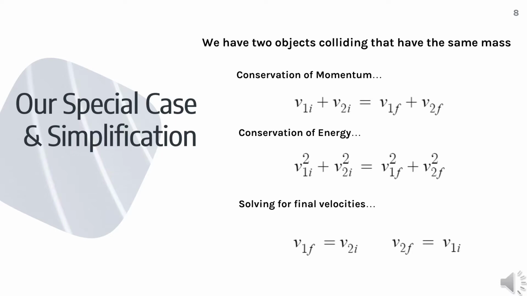That means that we can remove the mass quantity from our conservation of momentum equation. We can also remove the half times mass quantity for our conservation of kinetic energy equation. So, when we solve for the final velocities, we find that the final velocity of the first object equals the initial velocity of the second object, while the final velocity of the second object equals the initial velocity of the first object. Now let's implement this into the code.